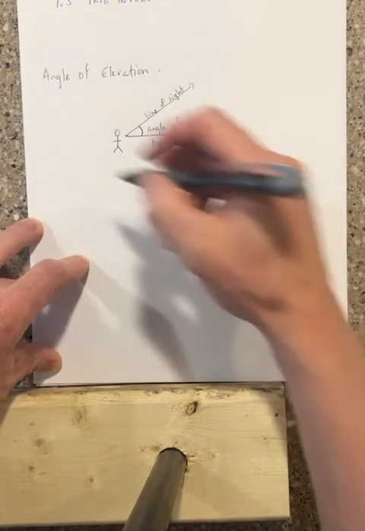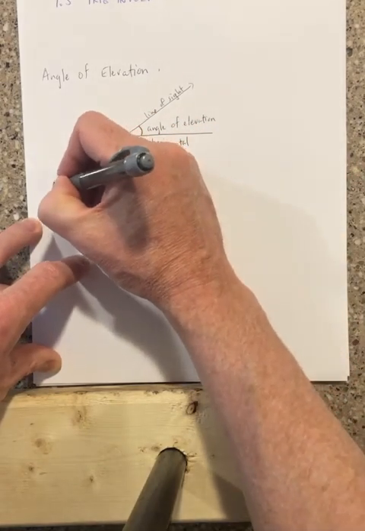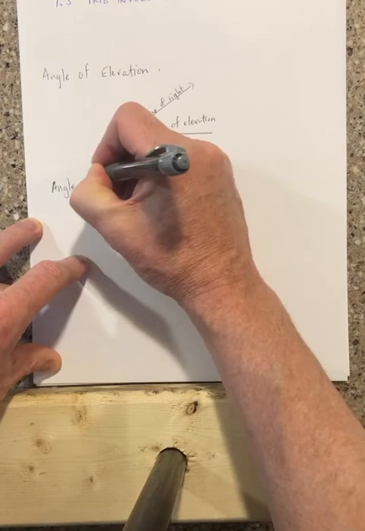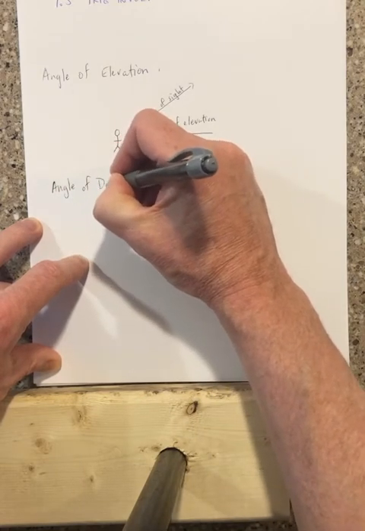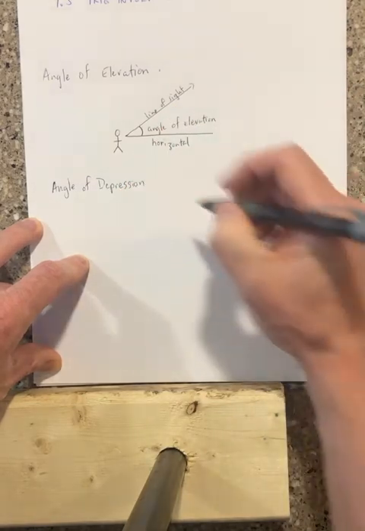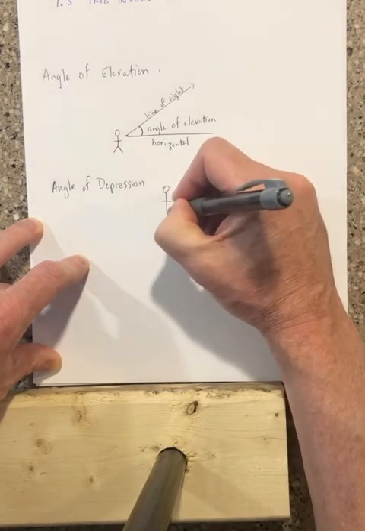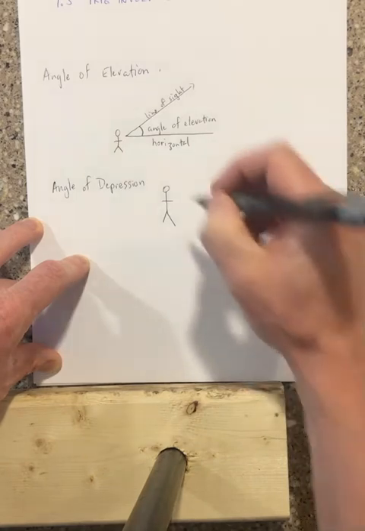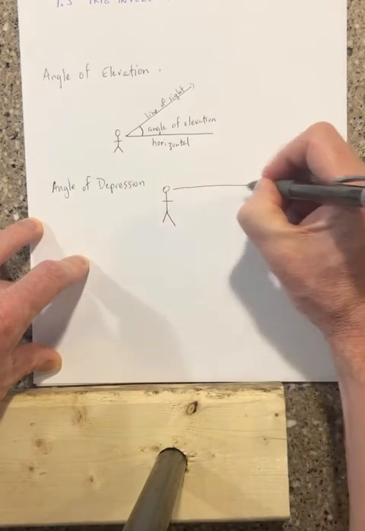So when we're talking about the angle of elevation, we're talking about the angle above the horizon following your line of sight. And similarly, we have the angle of depression. So once again, if I'm standing here, this is the horizontal.